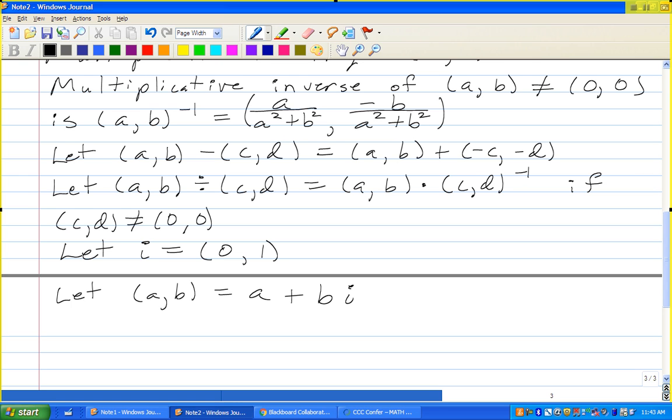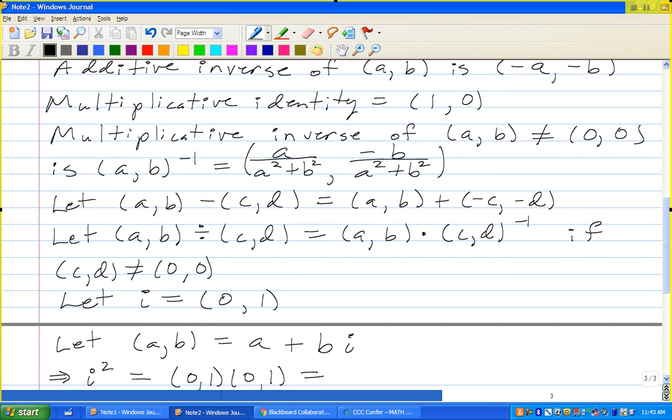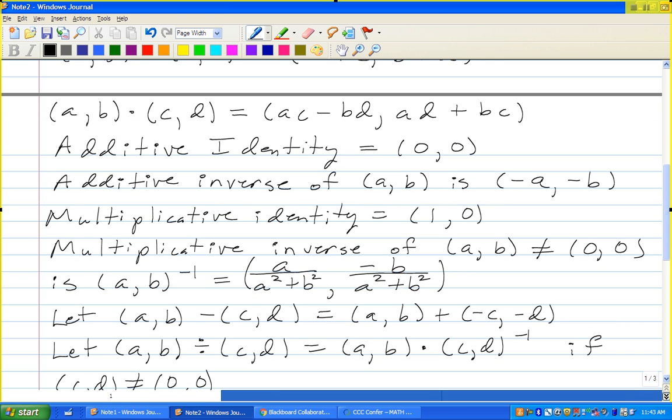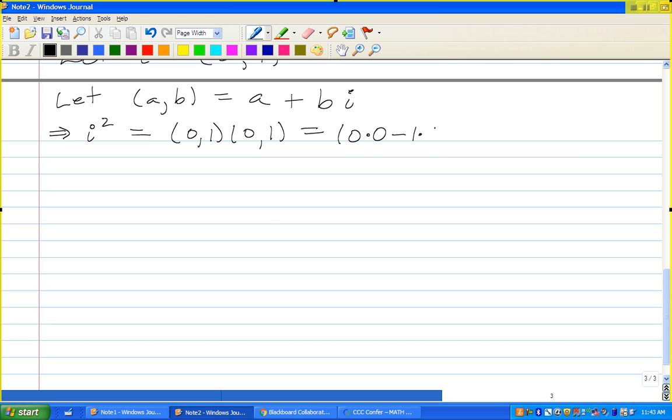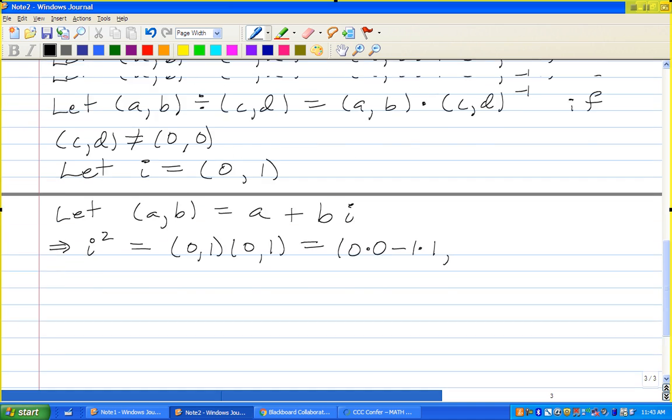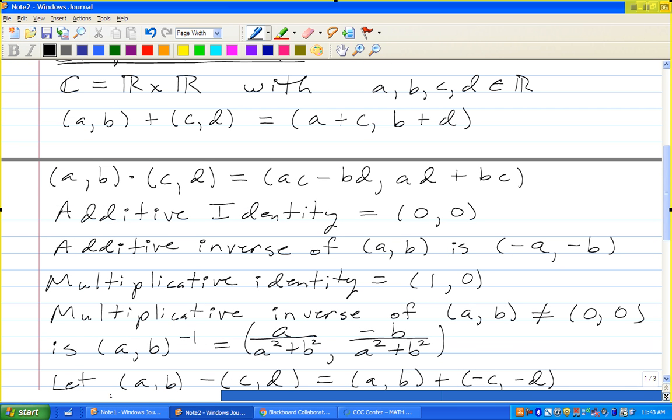Then note the following. i squared, which is (0, 1) times (0, 1), is equal to, well, from the above, (0 times 0 minus 1 times 1, 0 times 1 plus 1 times 0).